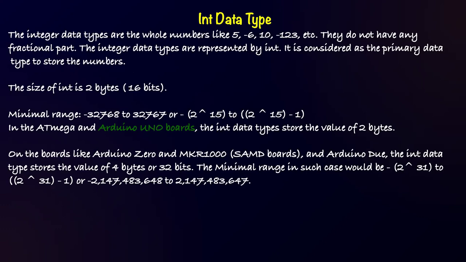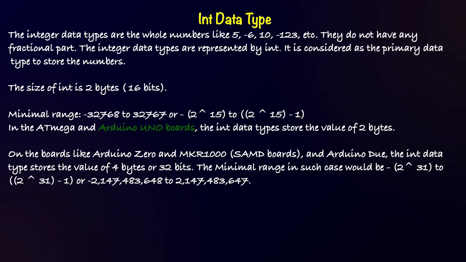Now the integer data type, or int data type, are the whole numbers like 5. It can be negative also. That's why it is called integer. Not only the whole numbers, but negative integers also, like -6, 10, -123, etc. Infinite numbers. Now they do not have any fractional part. That is a condition.